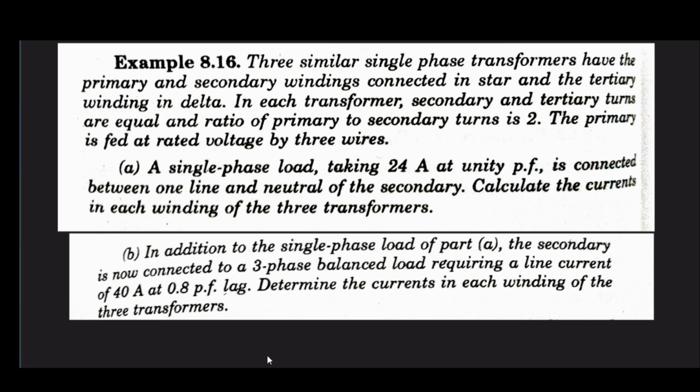In addition to the single phase load of part A, the secondary is now connected to a three-phase balanced load requiring a line current. So we have to check. So how should we proceed? It's very simple. What we need to do is write the basic MMF equation: I1 N1 plus I3 N3 is equal to I2 N2.